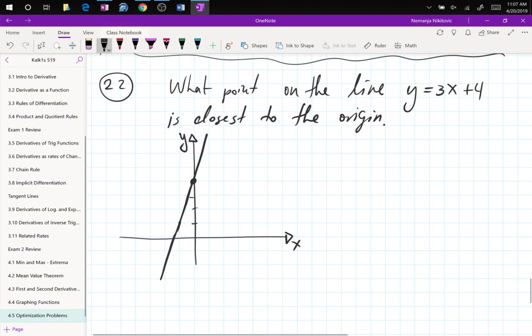And perpendicular to that, getting out of the origin, which is 0, 0, this is what we have. So we are looking for this unknown point x, y that lives on the line which is closest to the origin.